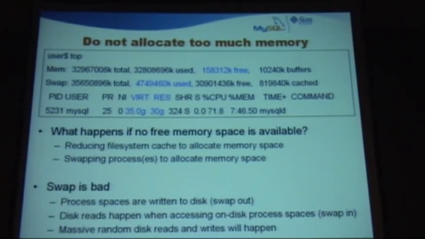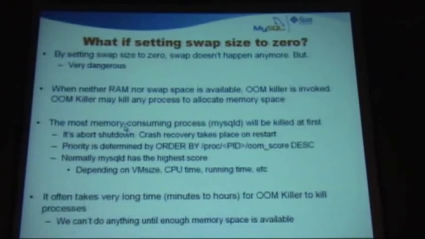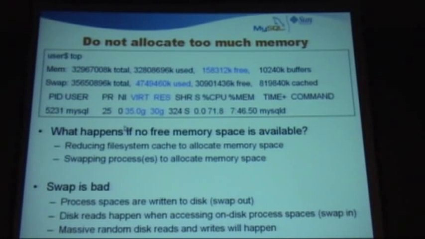To highly utilize memory, people might want to allocate as much memory as possible. But of course, we cannot use more memory than the physical memory size. This is an example. This machine has 32 gigabytes of memory, and I allocated the buffer pool size to 35 gigabytes. But we cannot allocate 35 gigabytes because the physical memory size is limited.